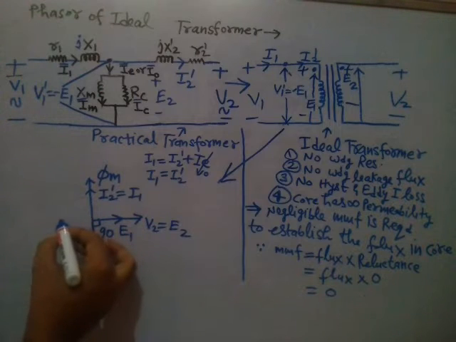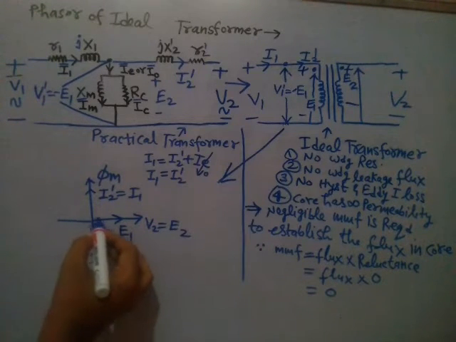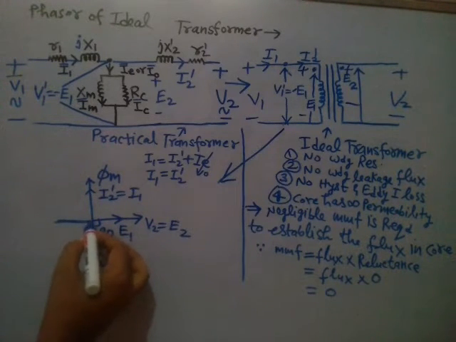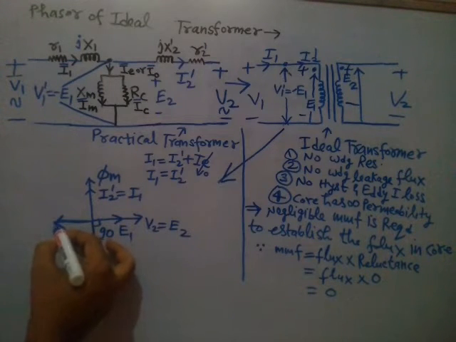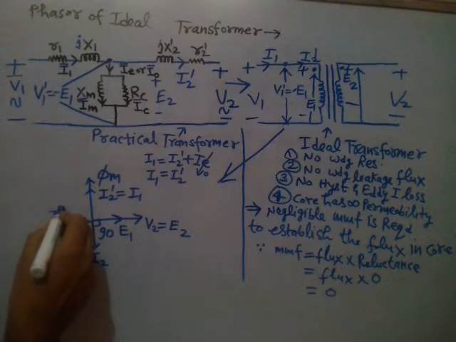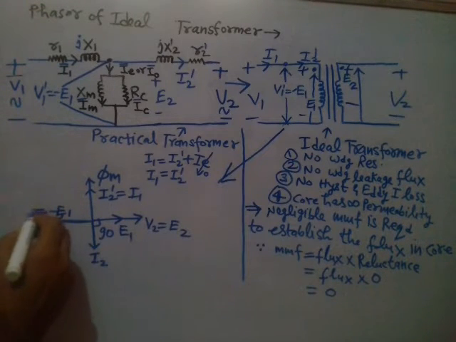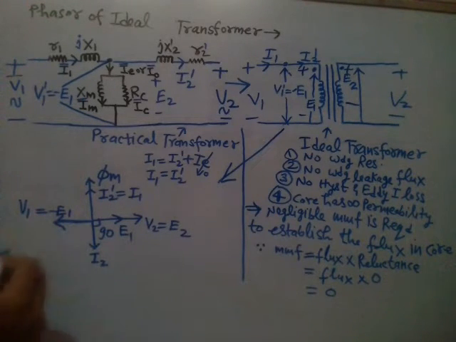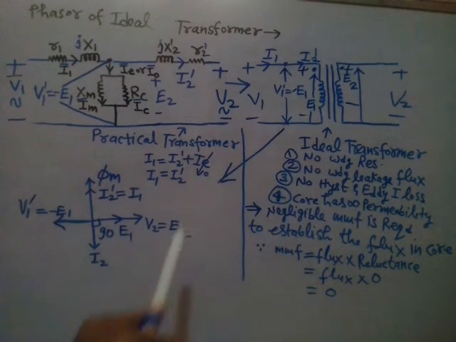In the next step you draw this line like this. This is basically the representation of minus E1, which is basically V1 dash, right? So that is basically the phasor diagram of an ideal transformer.